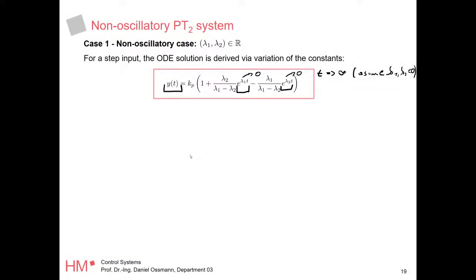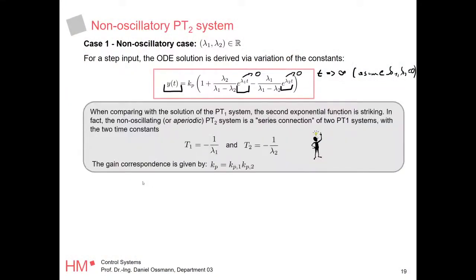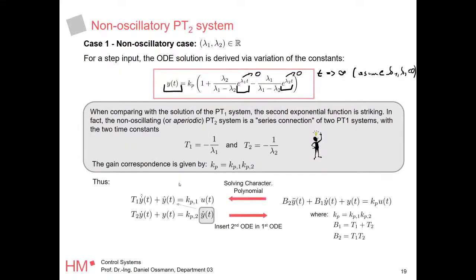The remainder of this is just for you, if you want to dig deeper, to understand that you can rewrite a PT2 system into two PT1 systems, and you can do the transformation. What's important is that you just need to take the negative inverse of your lambda, and they're going to be the time constants of these two PT1 systems.